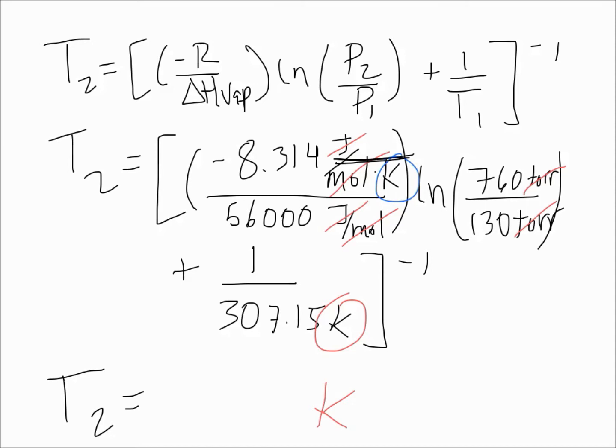And finally, because of the negative 1, they will invert into the numerator as a result. So after plugging in all the values and solving it, you should get 334.04 Kelvin.